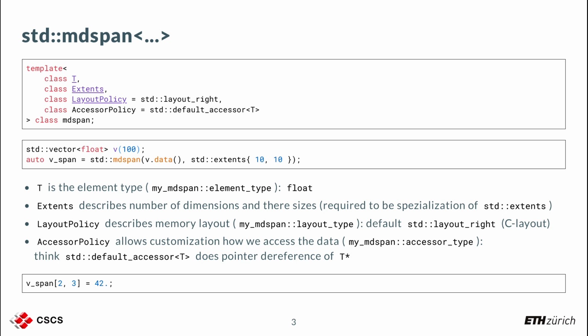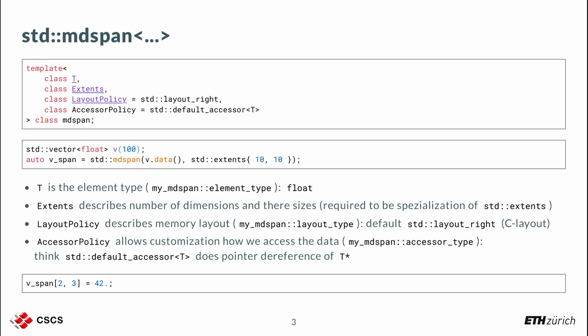Okay, now we have this view. What can we do with it? We can use it down here. We have the square brackets 2, 3, which means first index 2, the second index 3. We put the numbers there. It's simple.